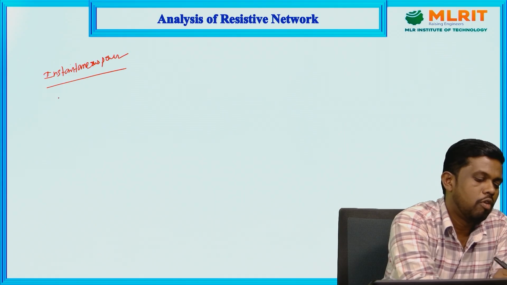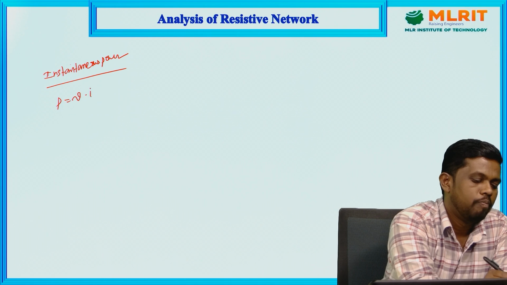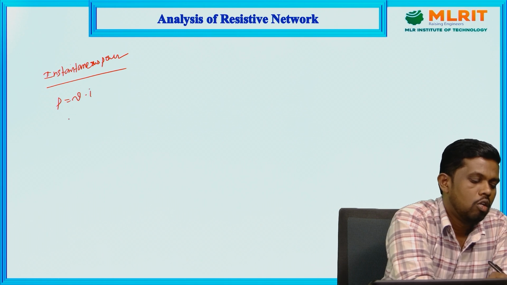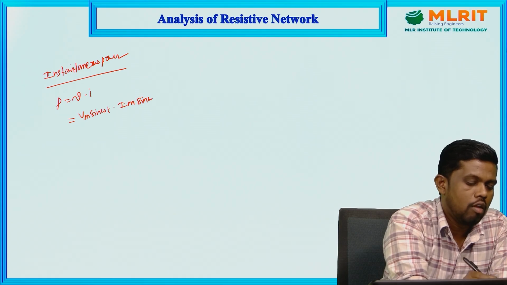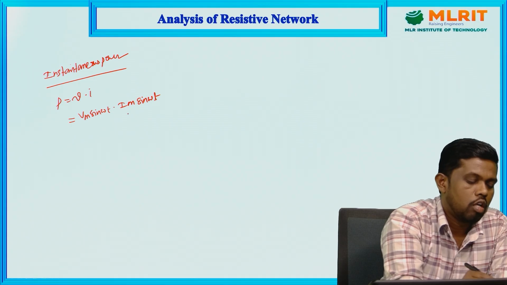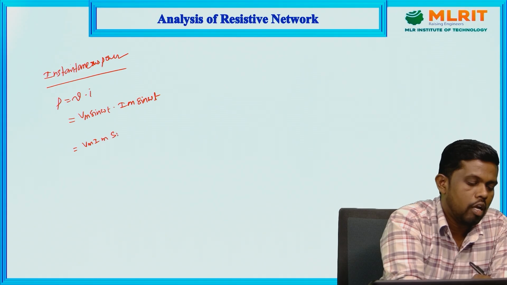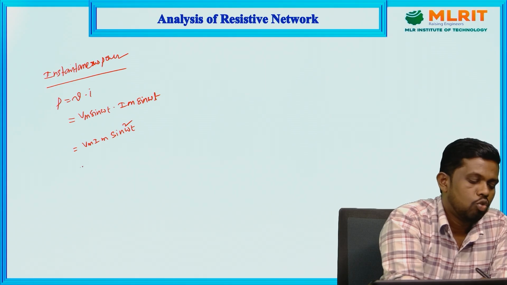The instantaneous power is P equal to V into I, that means instantaneous voltage and current. Here V is Vm sin omega t from equation number 1, and I is Im sin omega t from equation number 3. Based on this, we get Vm Im sin square omega t, since both are sin omega t. So we need to multiply and divide by 2 here.